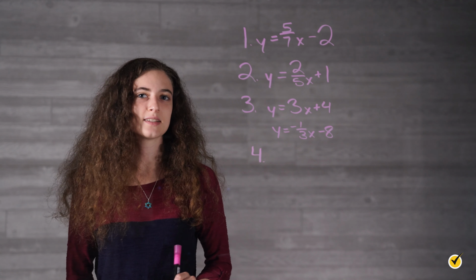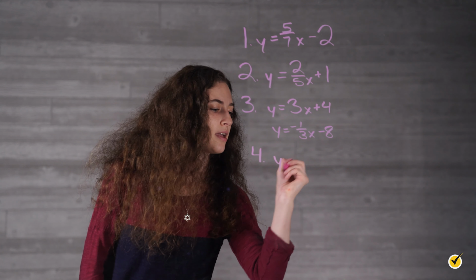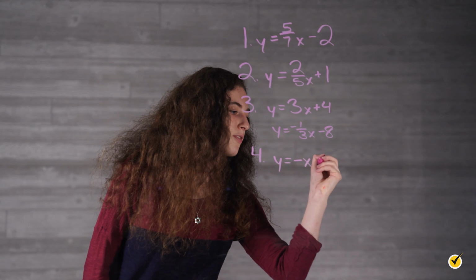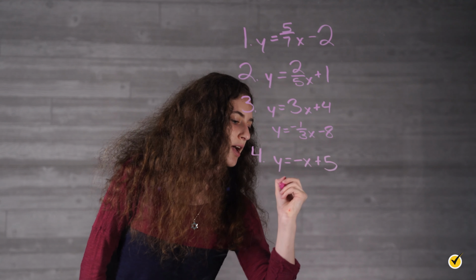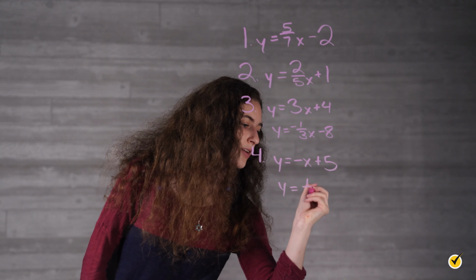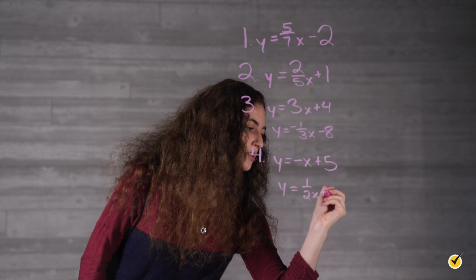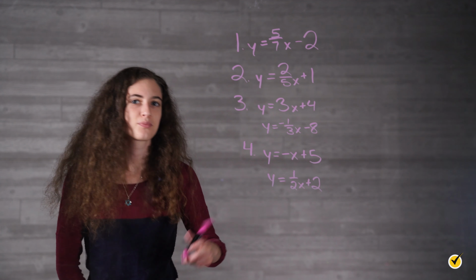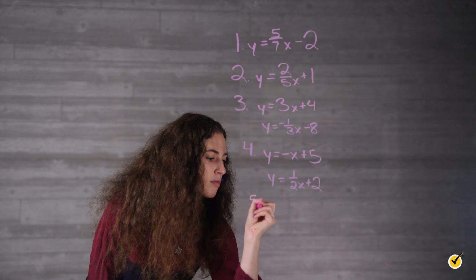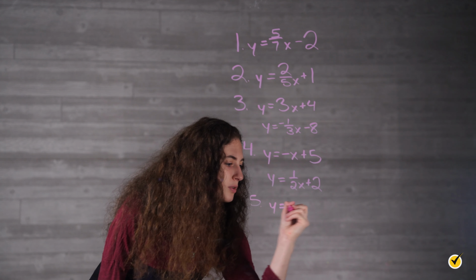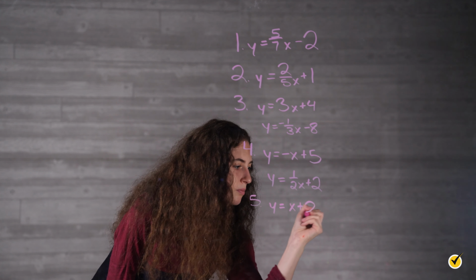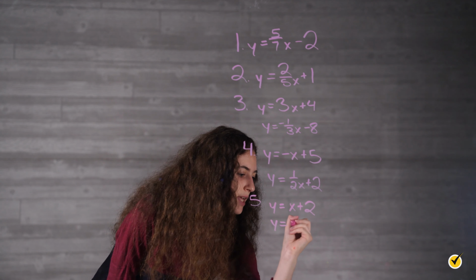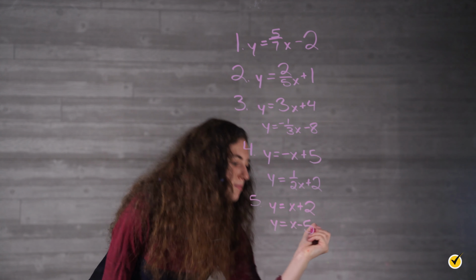Try the same for these lines. y equals negative x plus 5, and y equals 1/2 x plus 2. And one more, number 5. y equals x plus 2, and y equals x minus 5.